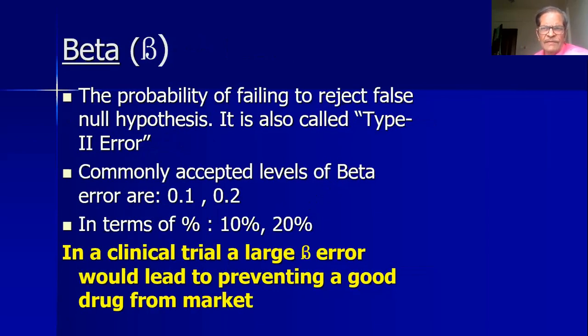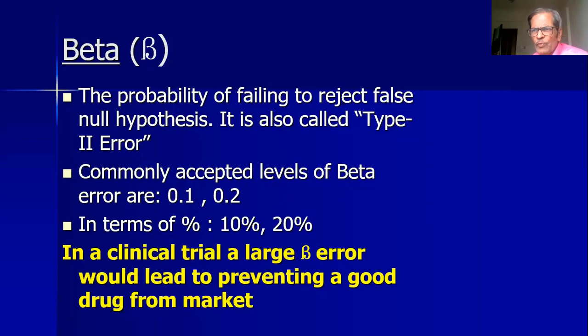Then another concept is the beta error. Beta error is the probability of failing to reject a false null hypothesis. It is also called type 2 error. Commonly accepted levels of beta are 0.1 or 0.2. In terms of percentage, it is 10% or 20%. In a clinical trial, a large beta error would lead to preventing a good drug from entering the market.